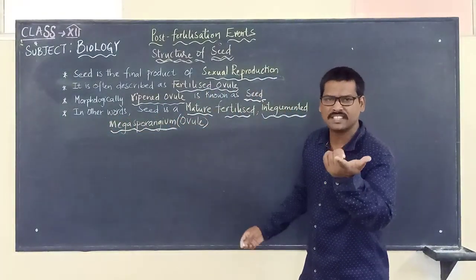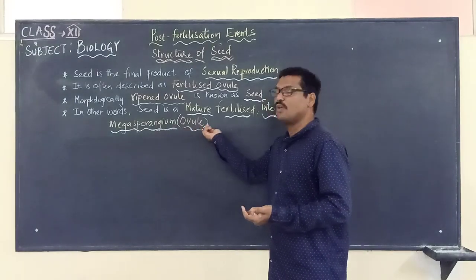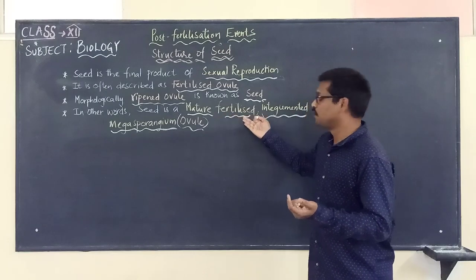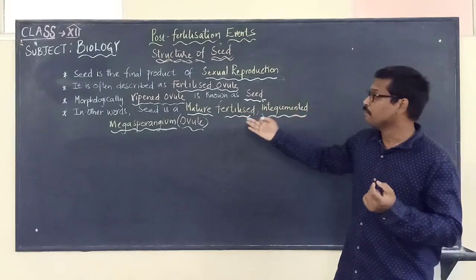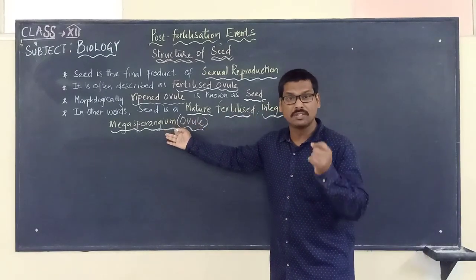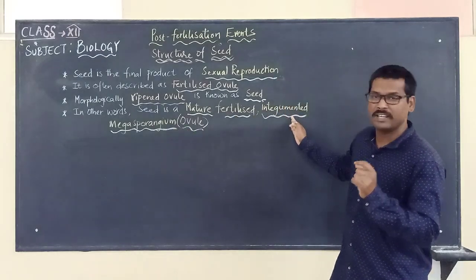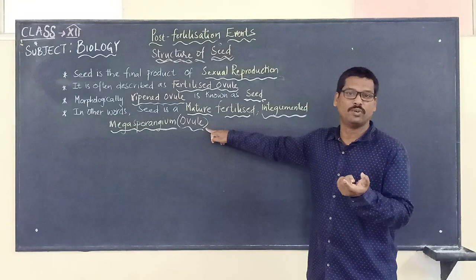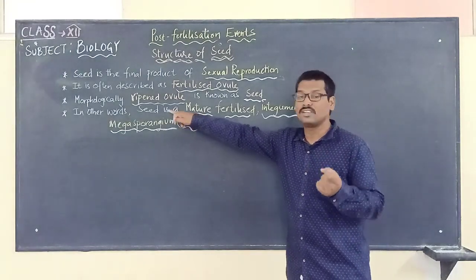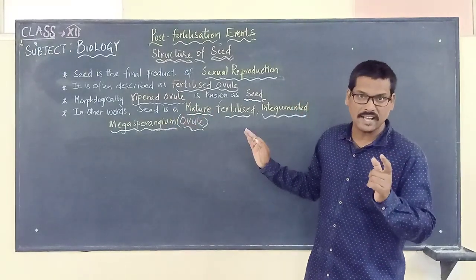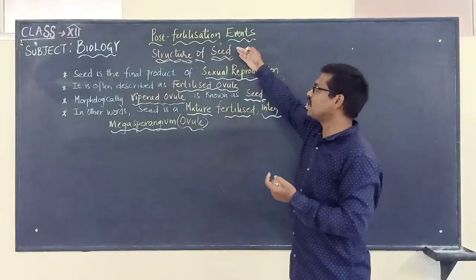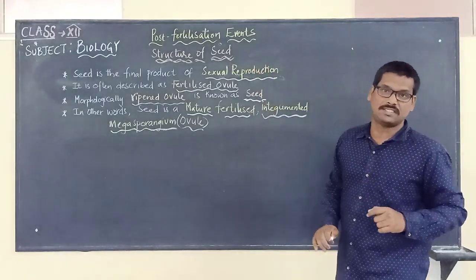What is that megasporangium we are saying? It is the ovule. So a mature, fertilized, integumented megasporangium is called the seed. These are the simple words that we have to keep in mind as we study the structure of the seed.